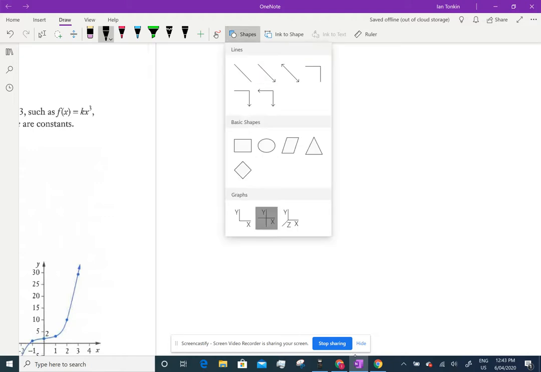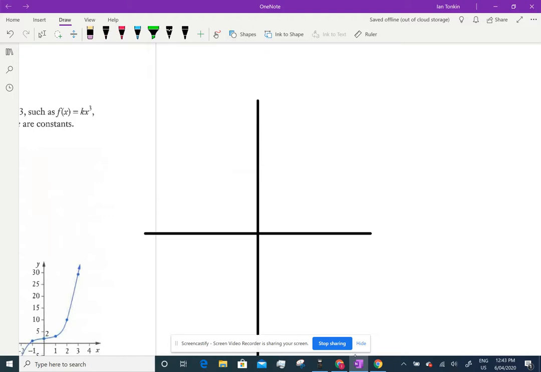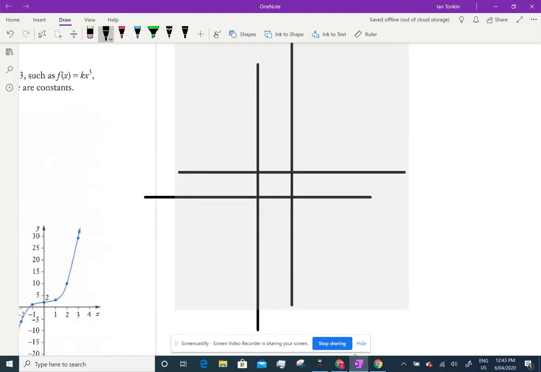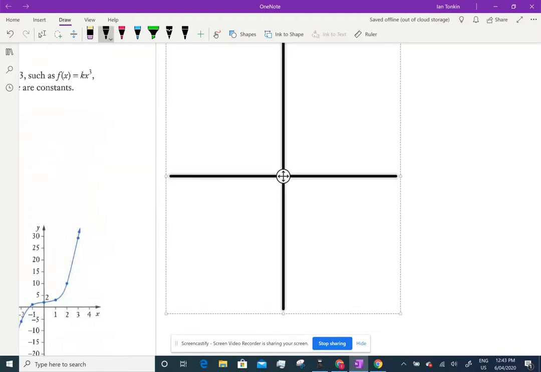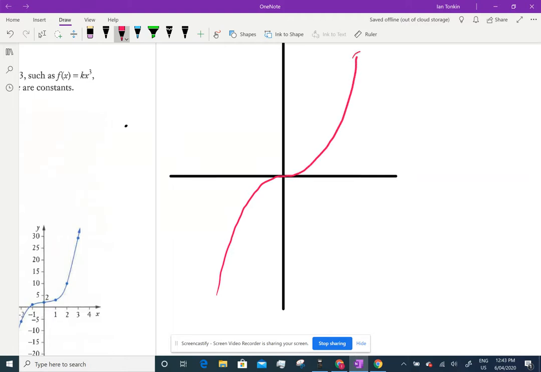You should remember this: a standard cubic function looks like this. We're going to talk about that point a little bit later.